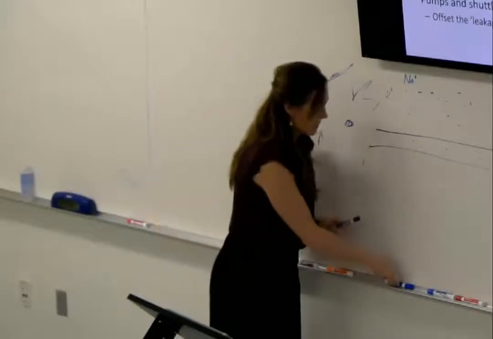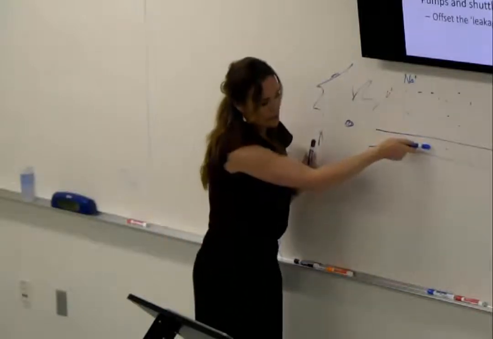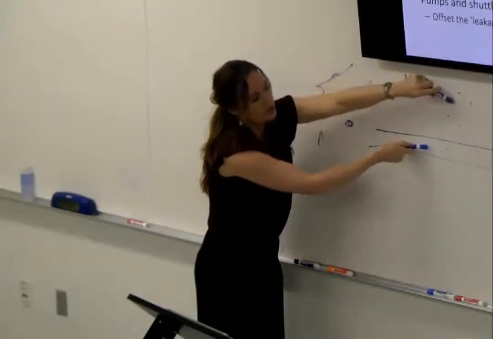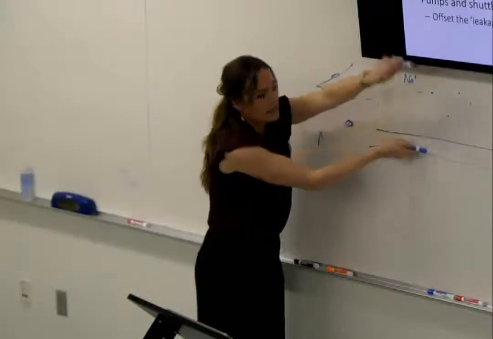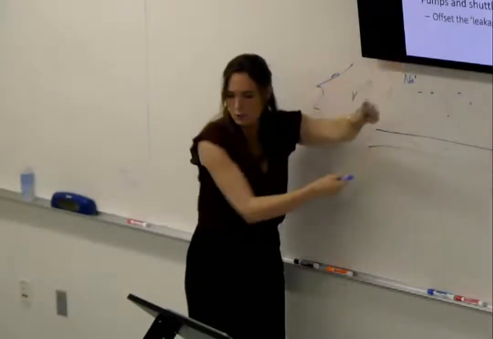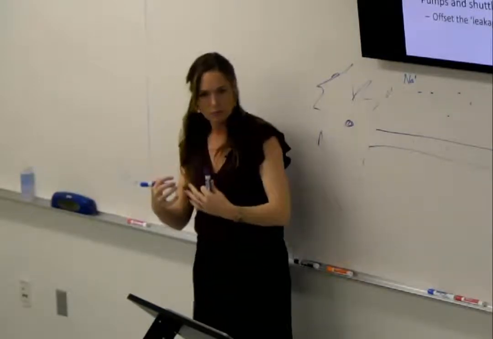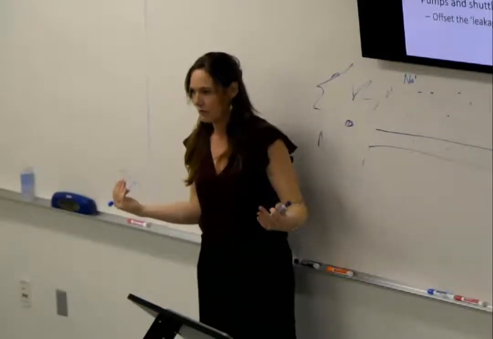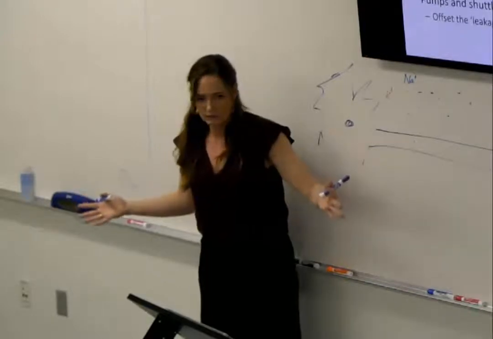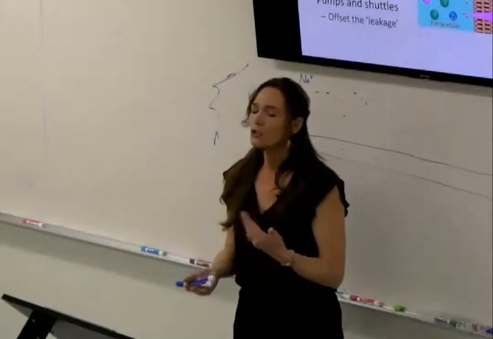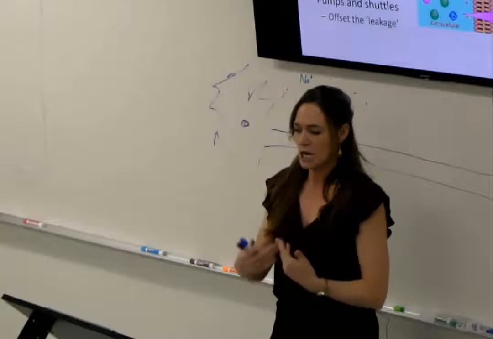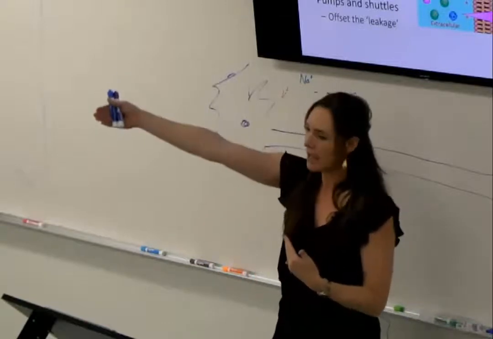The same thing here, I could stick a probe inside this neuron and stick a probe out here, and the difference between the two is going to be minus 70 with reference to the middle. The inside's always going to be negative. So it just means there's a difference of 70. It's minus 70 compared to outside.